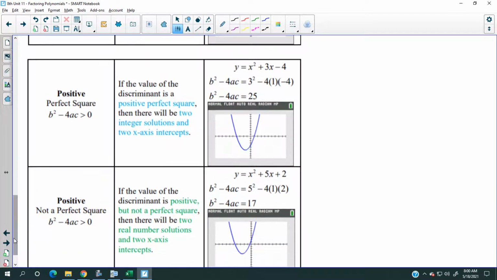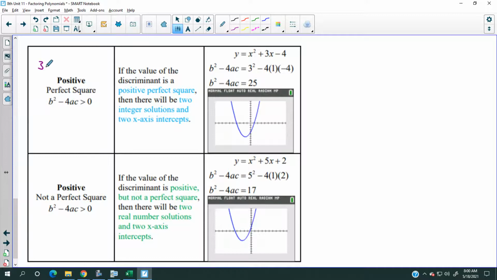Lastly, if it's positive, there are two things that can happen. If it's more than 0, for example, looking at this equation, and your value ends up being 25, a perfect square. So what's a perfect square? 4, 9, 16, 25, 100.